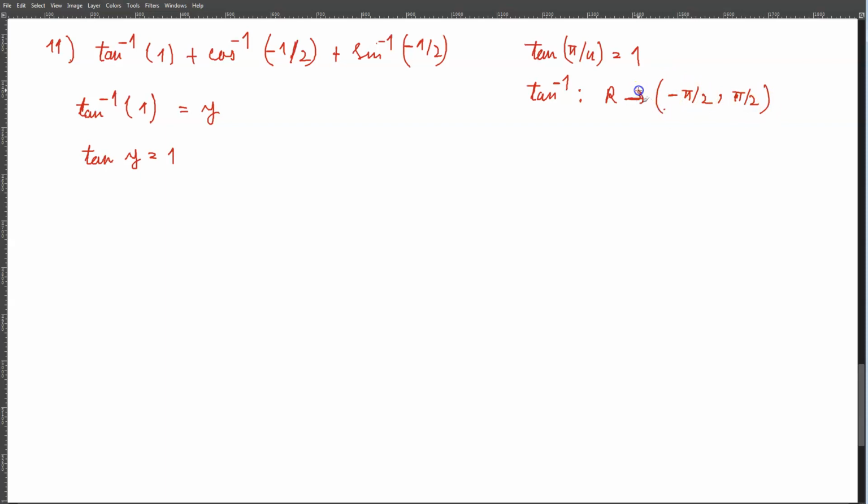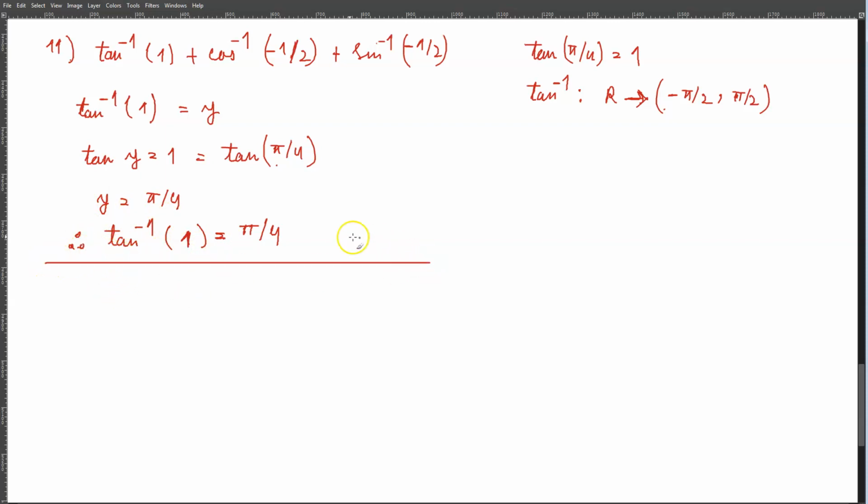So this is the same thing as tan of pi by 4, and the range goes from negative pi by 2 to pi by 2, so you can actually accept pi by 4. That means that y is equal to pi by 4, which means that the tan inverse of 1 is equal to pi by 4, right? So that is the first part of this question.